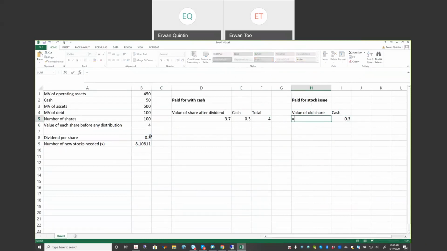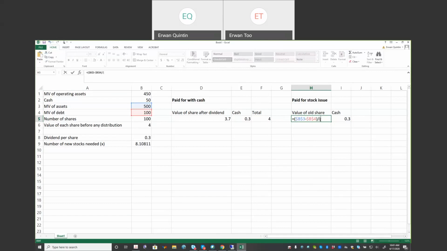But what about the value of the old share? To compute it, it's going to be market value of assets minus the market value of debt, and I'm going to close the parentheses here. So that's the beauty of financing the new debt issue by issuing new stock, right? Because I no longer have to deplete my cash position. So that's good. That helps.